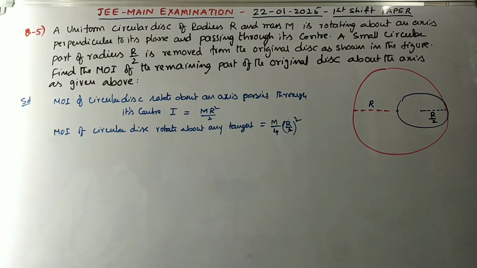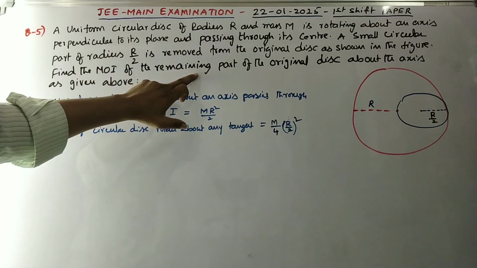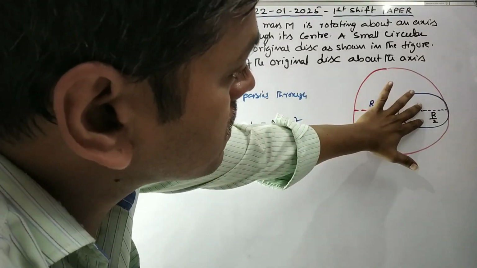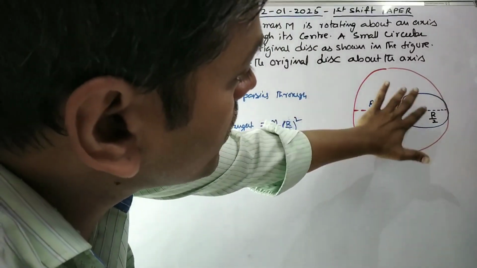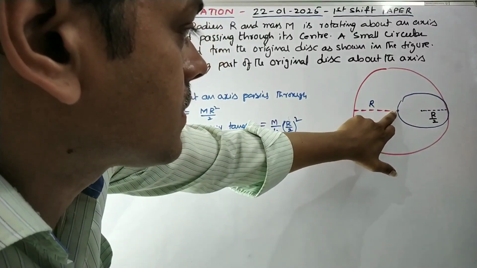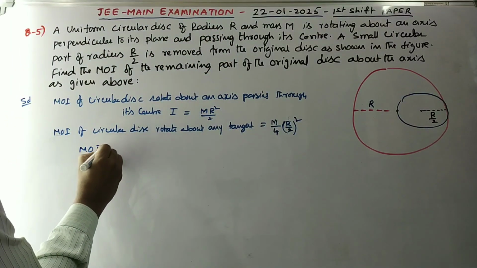Now what is being asked? Find the moment of inertia of the remaining part, that is, of the lamina after detaching the small part, about an axis passing through its center.